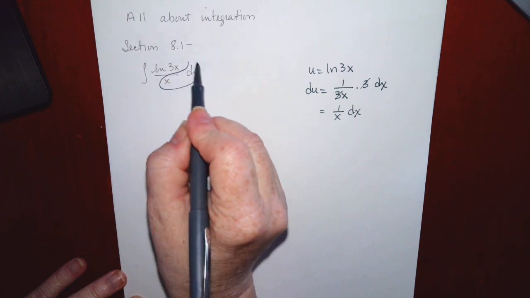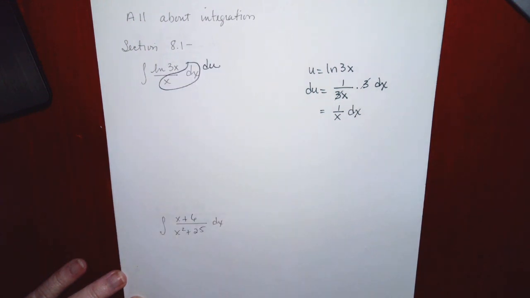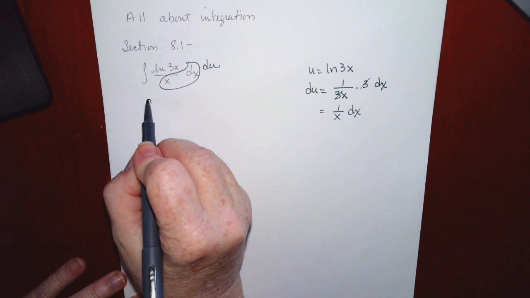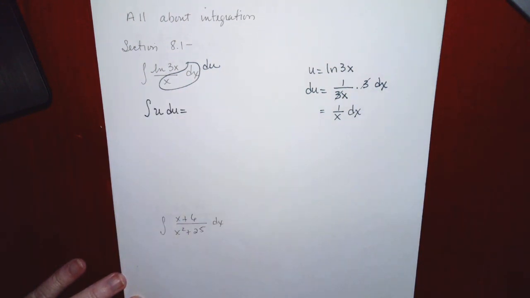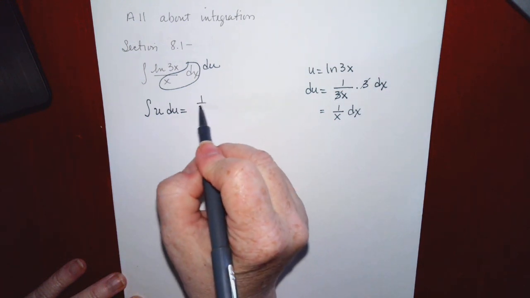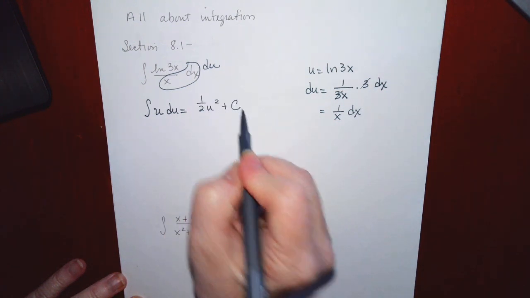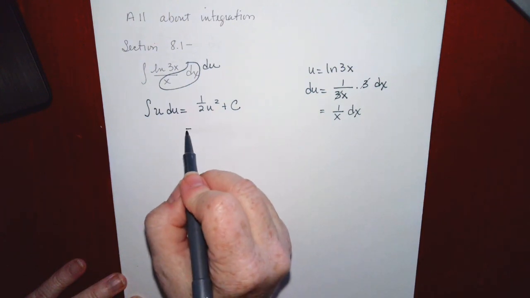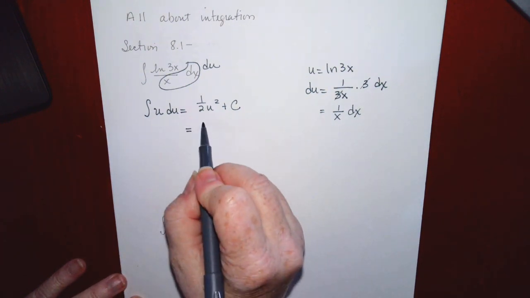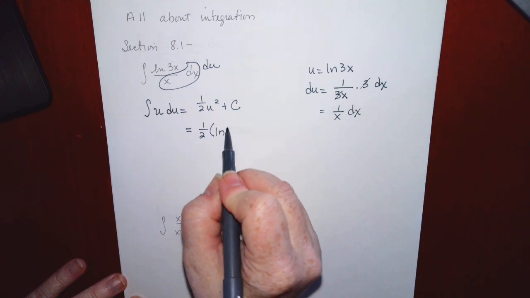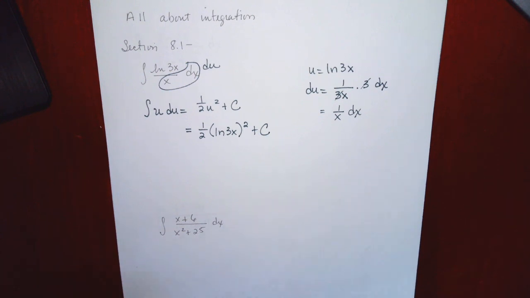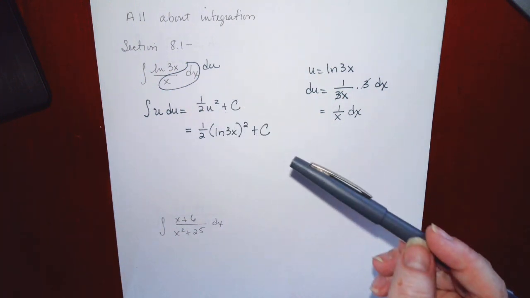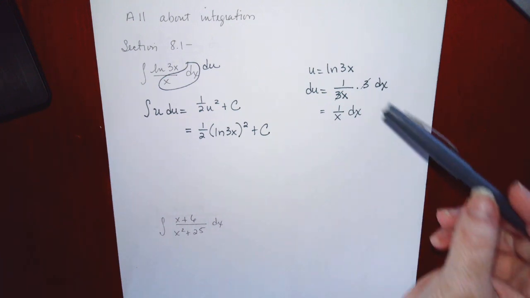So this chunk right here is just my du. And so that would just be the integral of u du, which is 1/2 u squared plus c. Or in terms of our original variable of integration, that would be 1/2 the natural log of 3x quantity squared plus c.